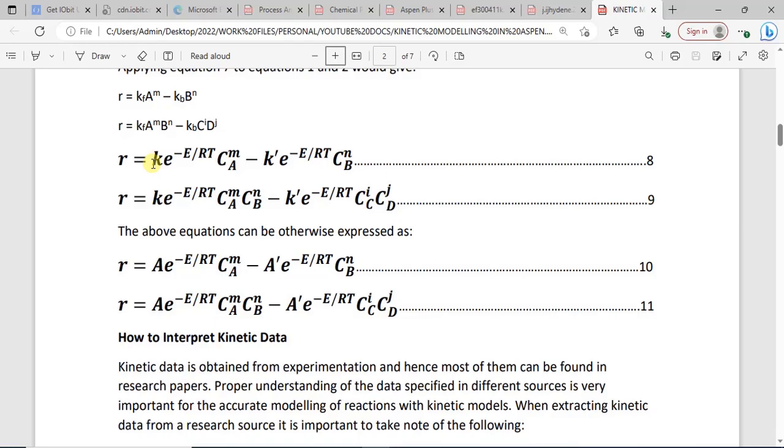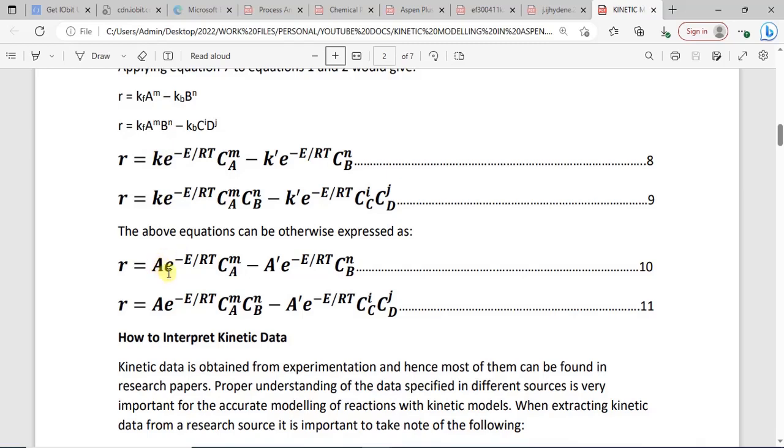In general terms, K represents rate constant, but in some cases, I have seen where K is used as the pre-exponential factor. I've seen cases where some people use K as the pre-exponential factor, but normally K is supposed to be the rate constant.